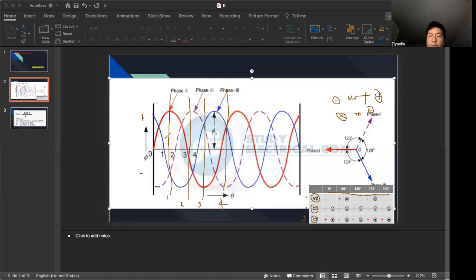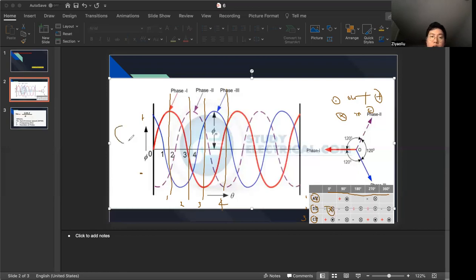So first of all, what happened at 0 degree here? At 0 degrees, phase 1 is 0 here, right? And then phase B, purple, is minus here, right? X. And third, phase 3, the blue one, is plus, coming out here, right?